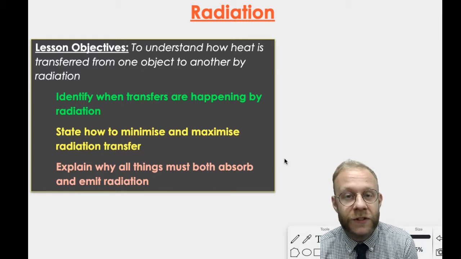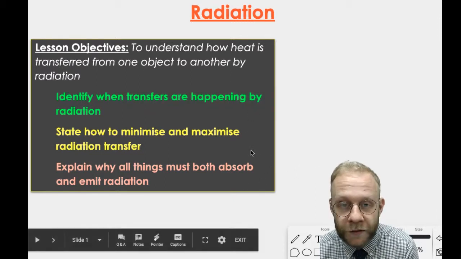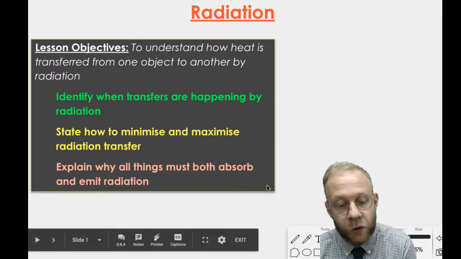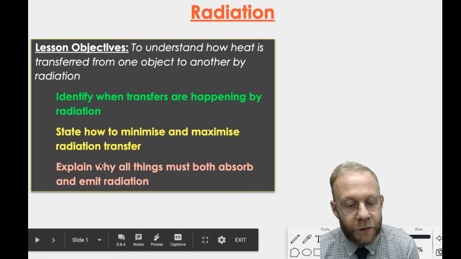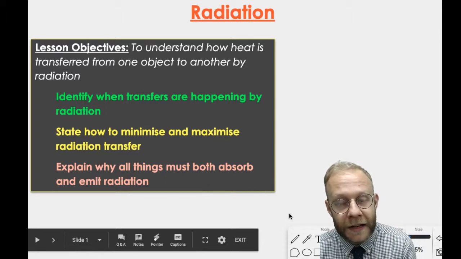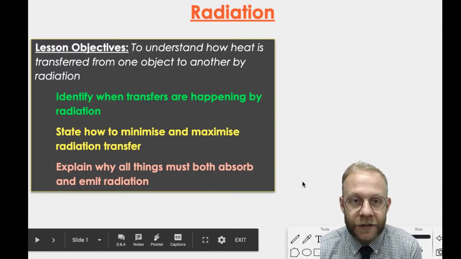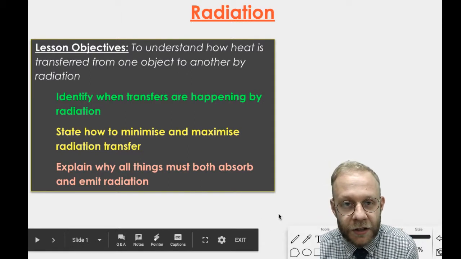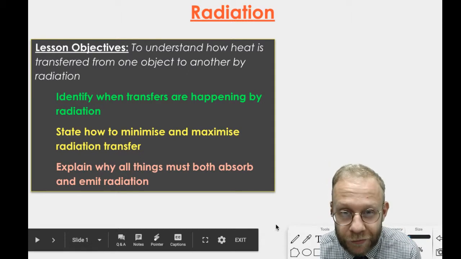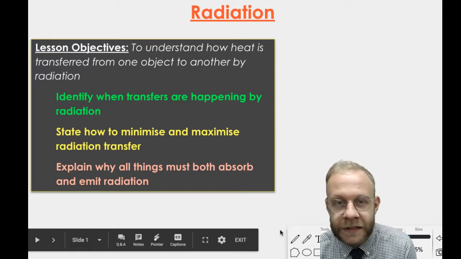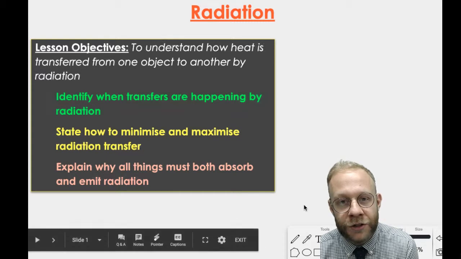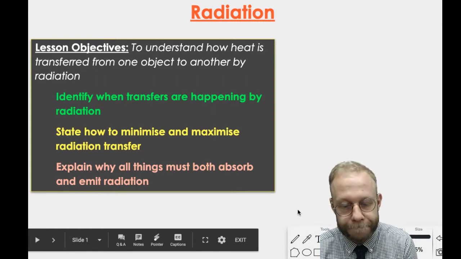Mainly it's to do with the surface, the colour of the material on the outside, or how smooth or rough it is. And while things must both absorb and emit, again that links back to the idea that anything with a temperature is going to emit radiation. It's just how rough or smooth or what colour it is that's going to determine how effective it is at giving out that radiation or absorbing it.